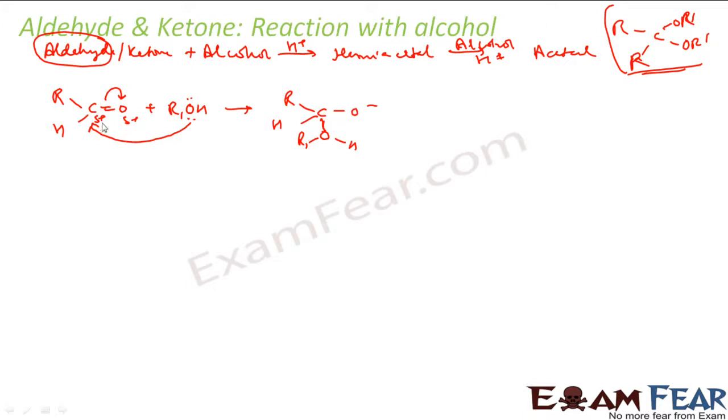Now since oxygen is giving an electron, it gets a positive charge. Somebody has to leave. So H plus says, okay, I'll leave and join this O minus. So this bond breaks in this fashion, and this O minus will attract this H. So this becomes R, H, OH and OR. This is called hemiacetal.